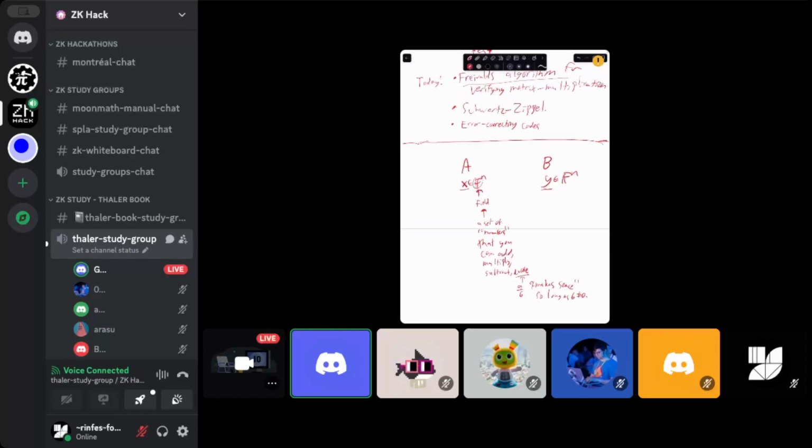Alice's vector is just n field elements. Bob's vector is n field elements, and their goal is to determine whether x equals y, whether they're the same vector. The challenge is Alice doesn't know y and Bob doesn't know x.